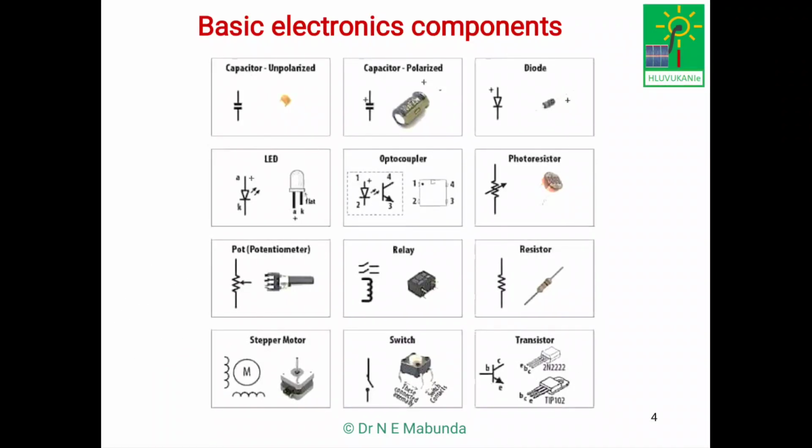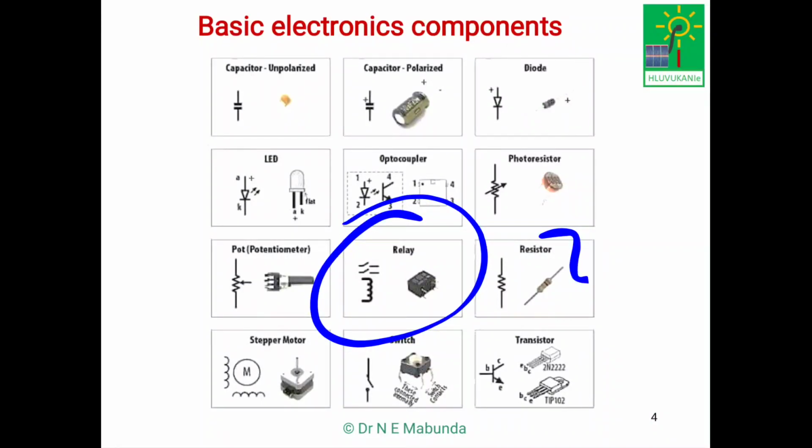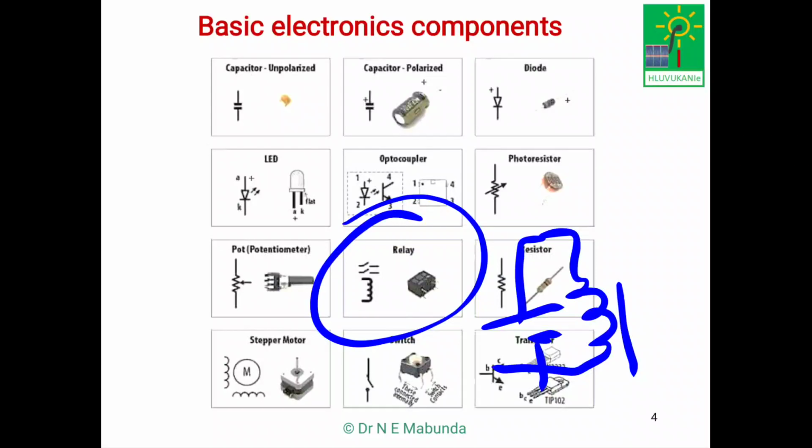Then we have what's called a relay. A relay can be used for switching like transistors, but now it's mechanical. It arises from the phenomenon that whenever you apply voltage to the coil, it creates an electromagnet.